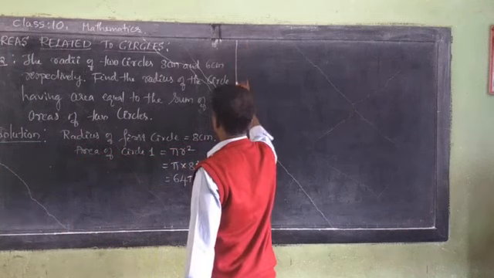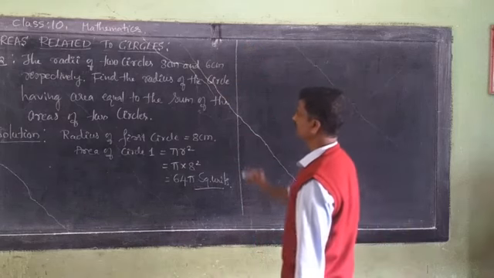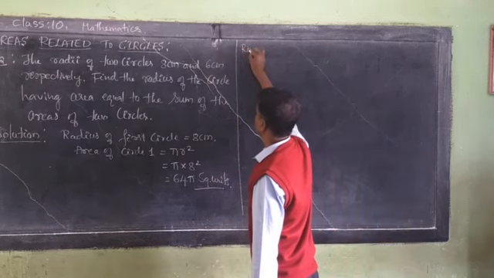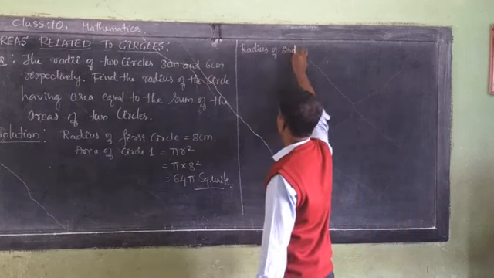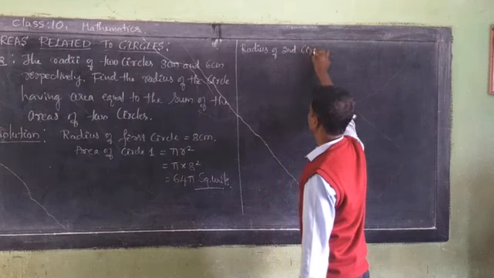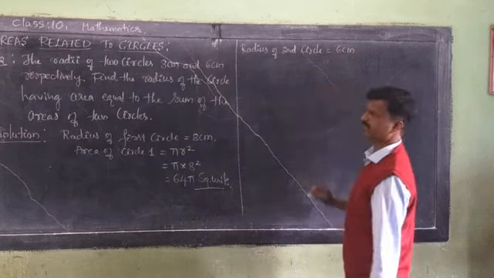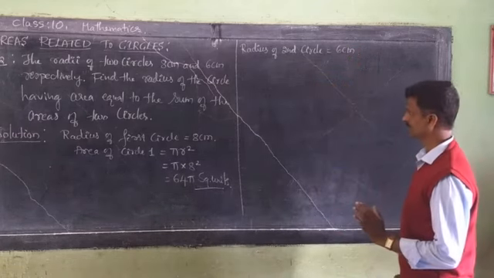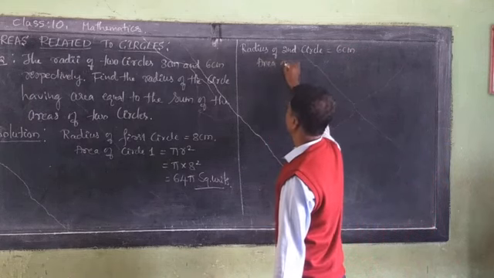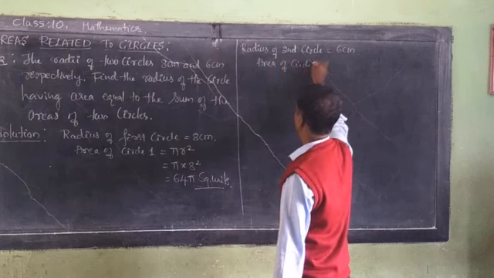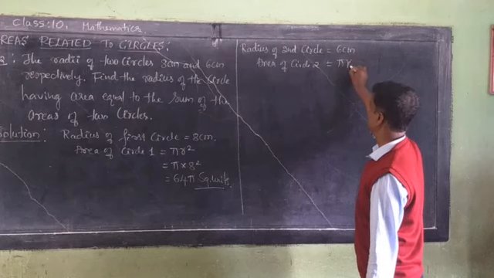Now we have to consider the radius of the second circle. Radius of second circle is 6 centimeter. Therefore, area of circle 2 is equal to pi r2 square.